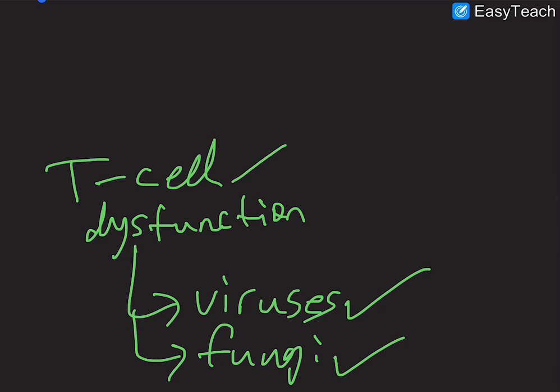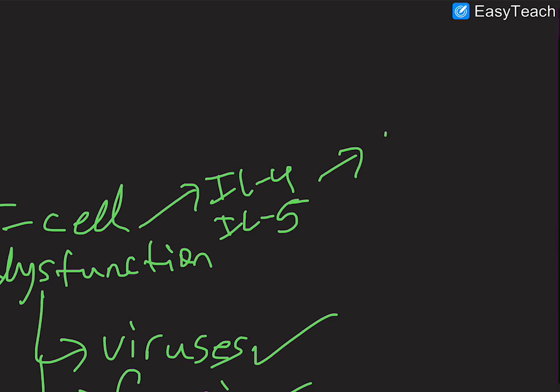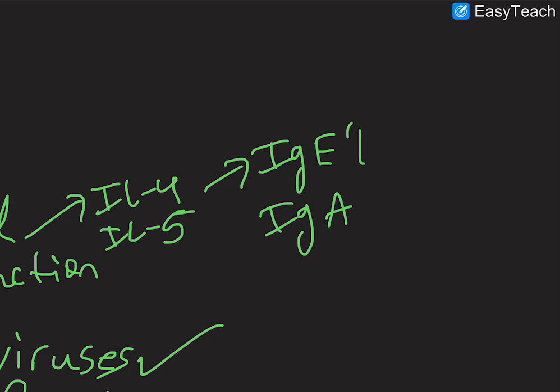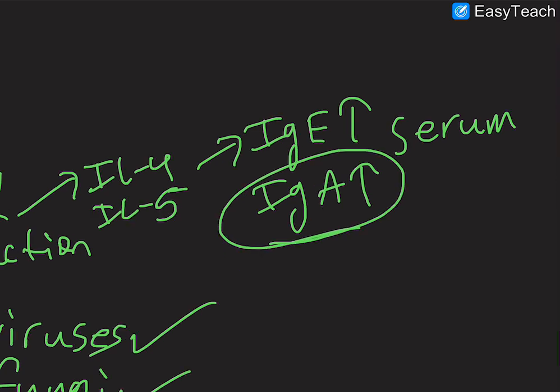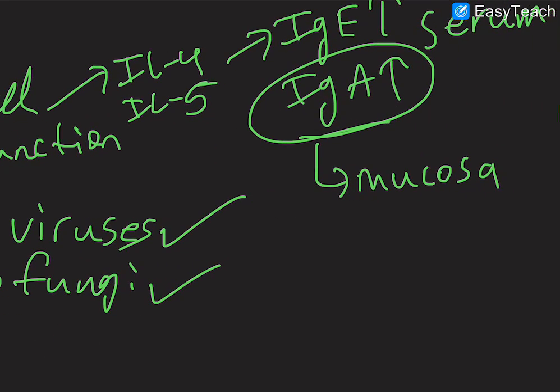Your T cells are dysfunctional, so what they do is they release cytokines such as interleukin 4 and 5, which we know help B cells to produce antibodies such as IgE and IgA. But then what happens is this IgE and IgA may be elevated in the serum, okay? But you still don't have proper amounts of IgA in your mucosa. And the reason for that is because you don't have proper B cell function.